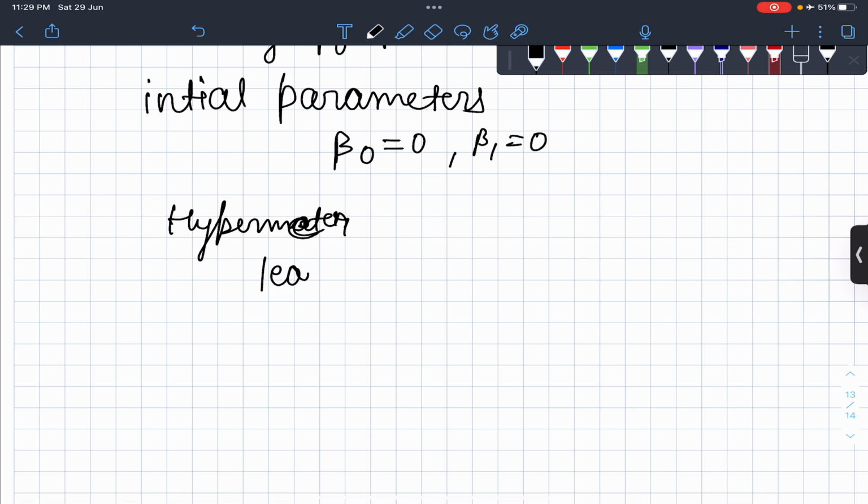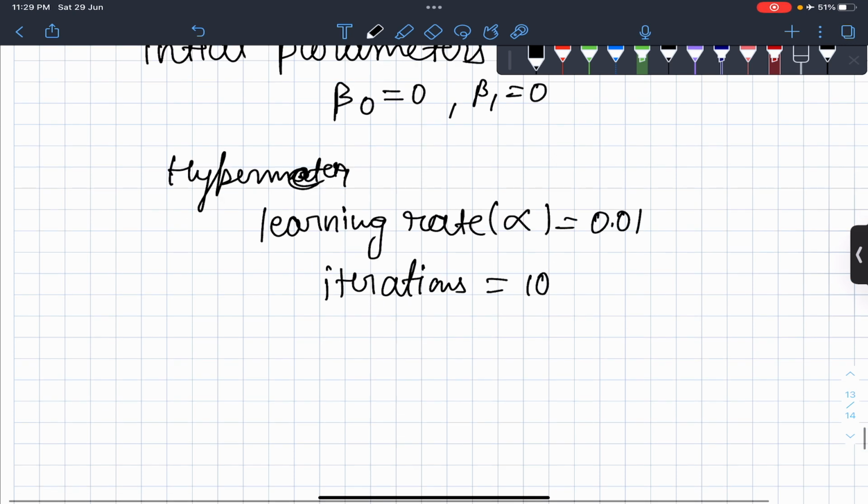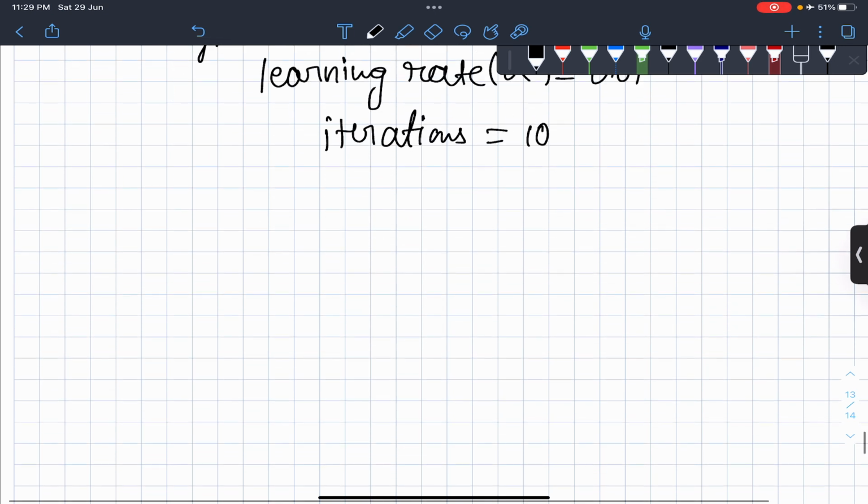The learning rate, nothing but alpha, is 0.01. And suppose the iteration should be 10. Now we will do our first prediction.